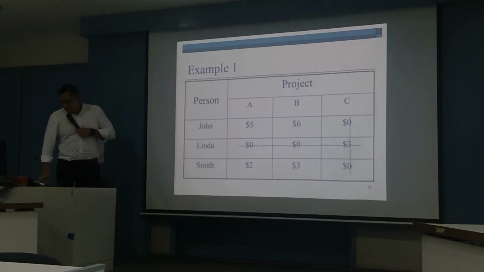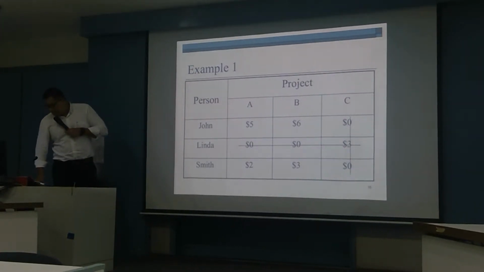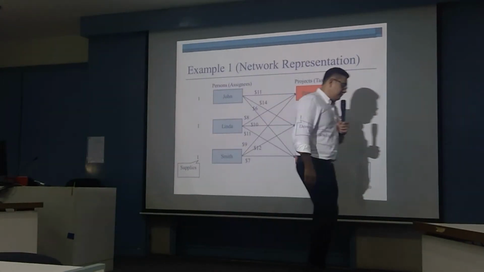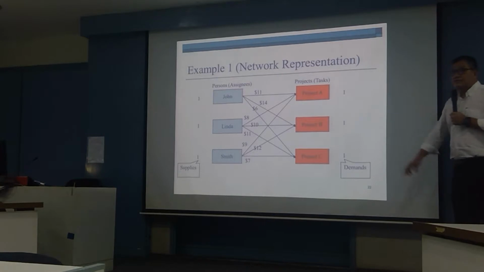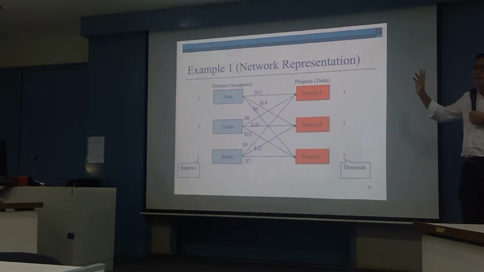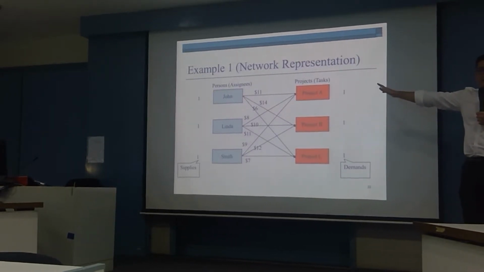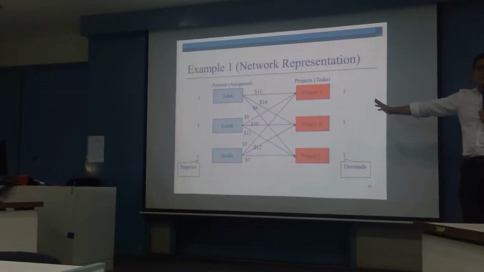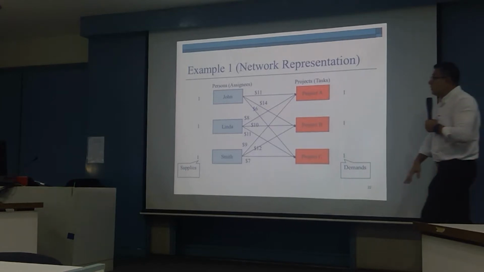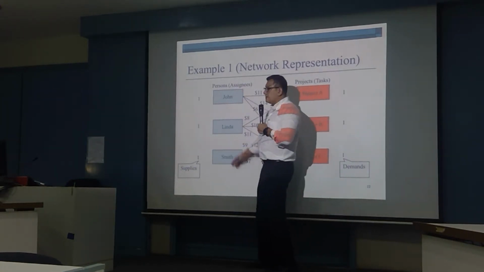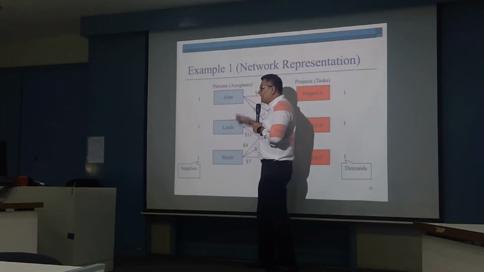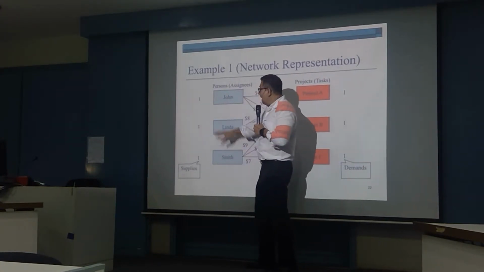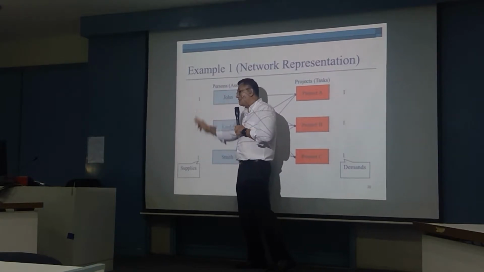By the way, yes, we finished, but I'm going to go a little bit further. I'm trying to draw the diagram to show the overall picture, just like the transportation problem last week. Assigning a person, John, Linda, Smith, you can look at like the sources of the factory, and this is like the capacity, we have 1 person.